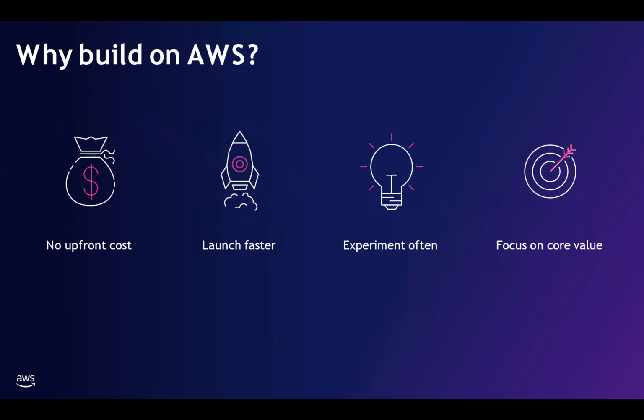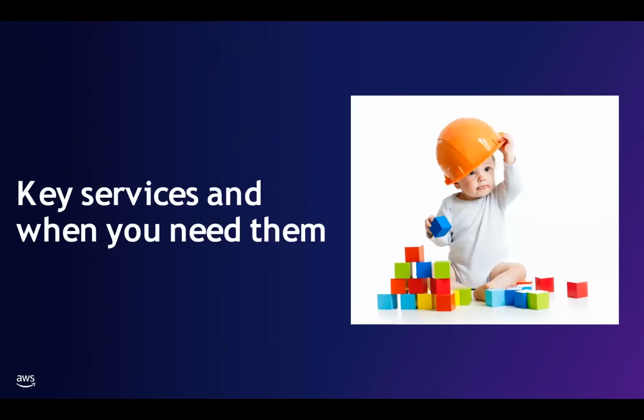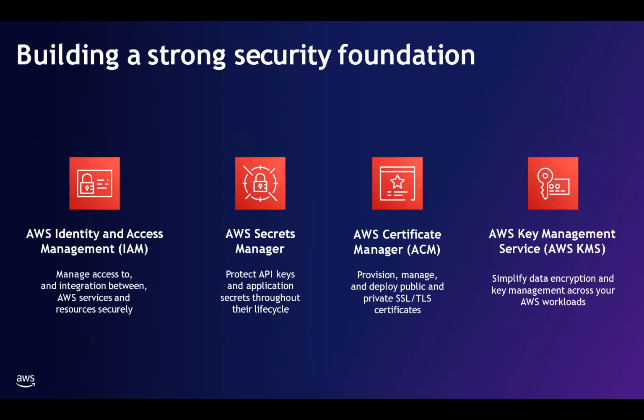So what key services are available with AWS? They offer storage, databases, analytics, mobile services, and many other services you can think of. If we talk about security, data confidentiality and security are very important for any business.